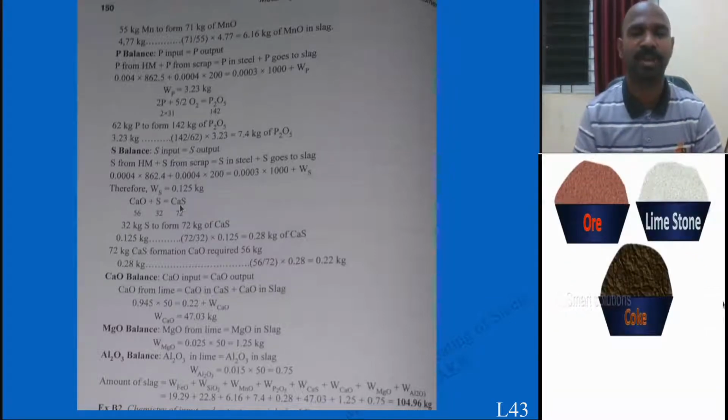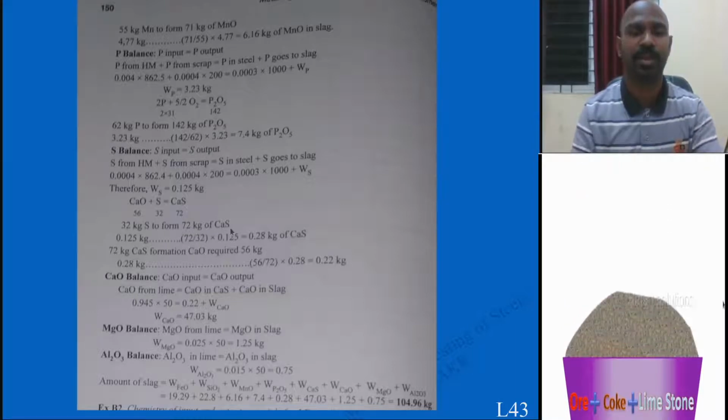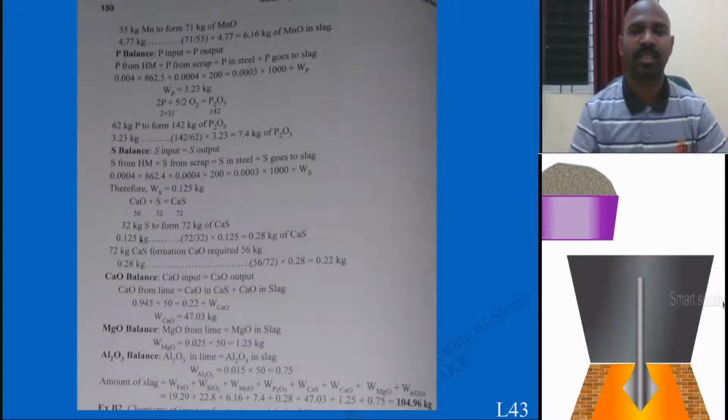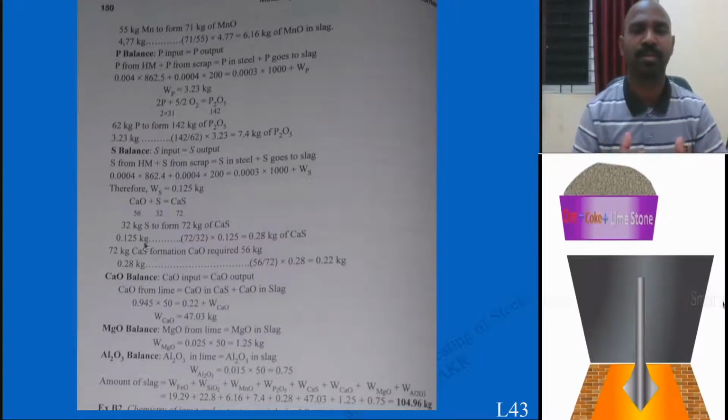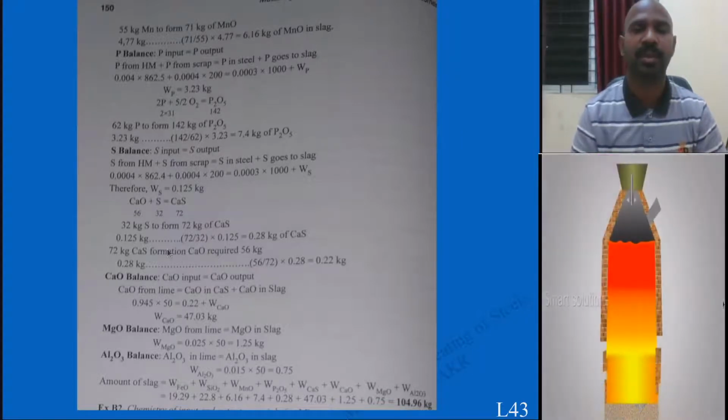Okay, so you will be writing this equation: 32 kg of sulfur to form CaS, 72 kg of CaS. This much is required. Now with this much sulfur weight, you can calculate how much CaS slag is going out. This is CaS. And similarly, with respect to the CaS, 72 kg of CaS and this much CaO is required, vice versa.